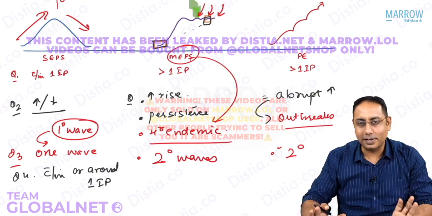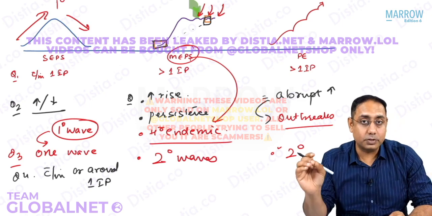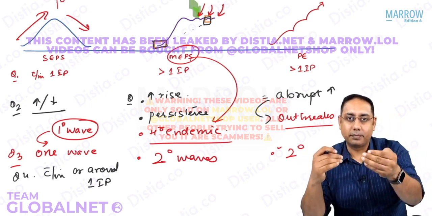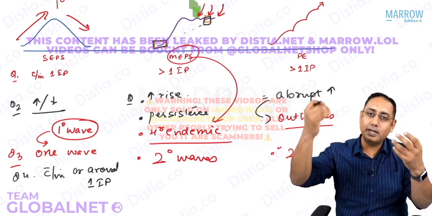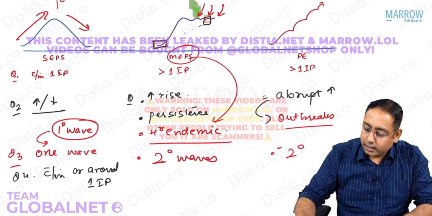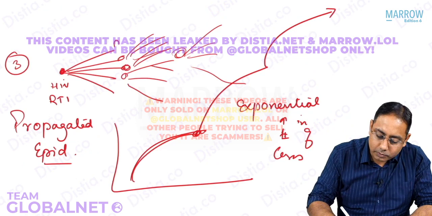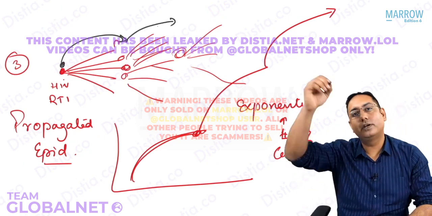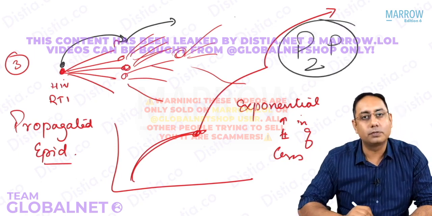That is so simple. But the point to be noted is that in a multiple exposure point source, is there a person-to-person transmission? In a propagated epidemic, is there a person-to-person transmission? Answer is that there is. Please note, I showed you this phenomenon, that one person is going to transmit to 5 more, and 5 will transmit to 15. So there is always a person-to-person transmission in a propagated epidemic.